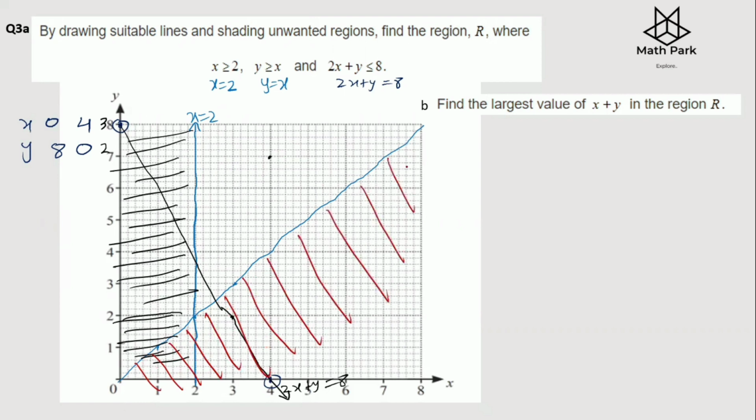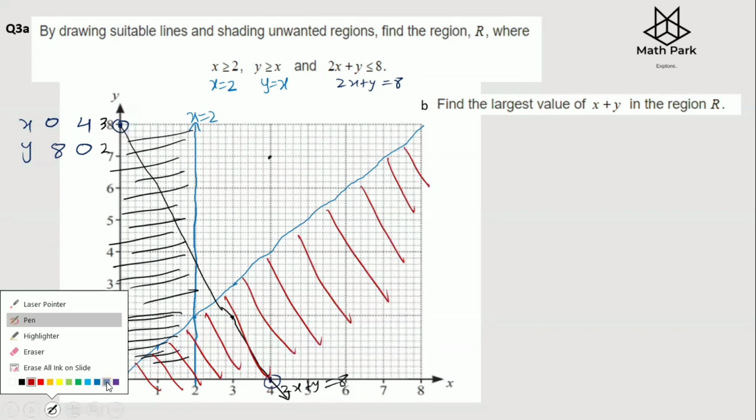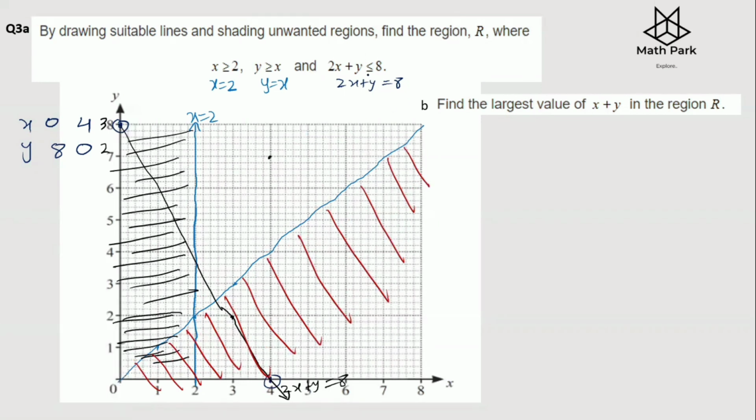The third line is 2x plus y is less than or equal to 8. If I take (0, 0), x is equal to 0 and y is equal to 0, we get 0 is less than or equal to 8. So the region below satisfies the inequality. The unwanted region for this line is going to be above the line.